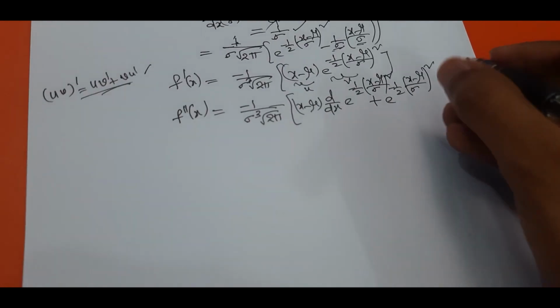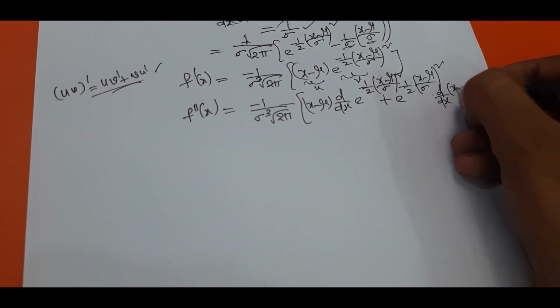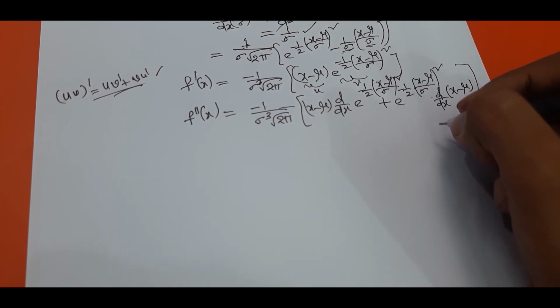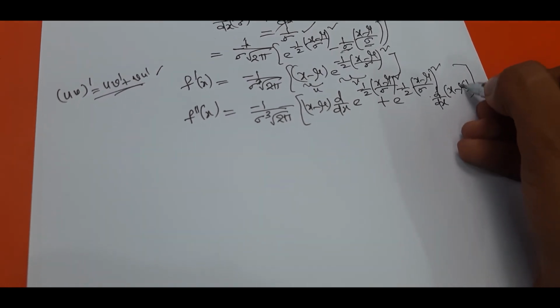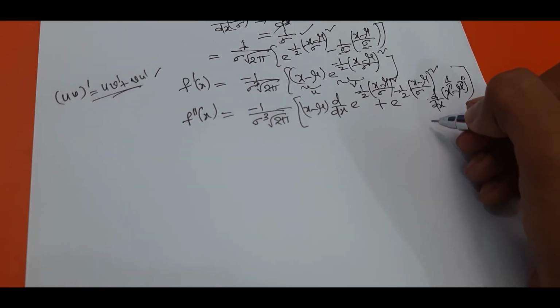Next, this will become d by dx of x minus mu. You already know you have to do the differentiation with respect to x: this will become 0 and this will become 1, dx divided by dx, both will get cancelled.